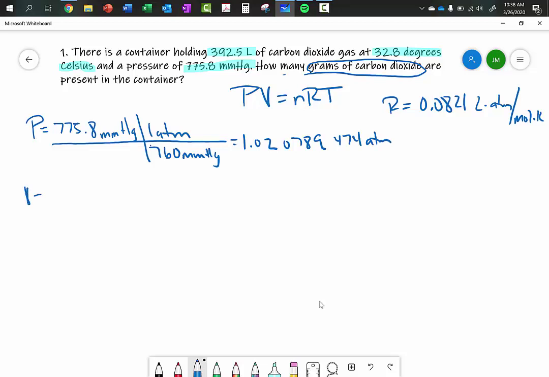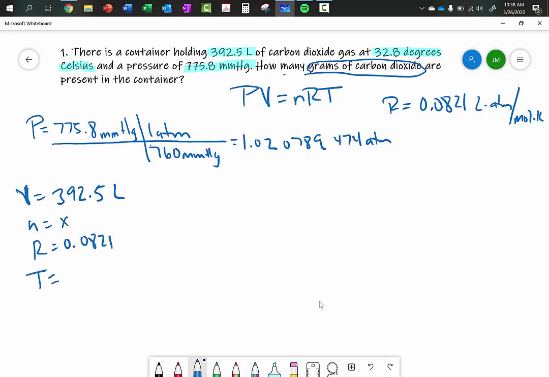My volume is pretty straightforward. Volume, I have 392.5 liters. This is the correct unit, so I don't need to do anything with that. I don't know moles. That's an unknown. I do know R is equal to 0.0821.